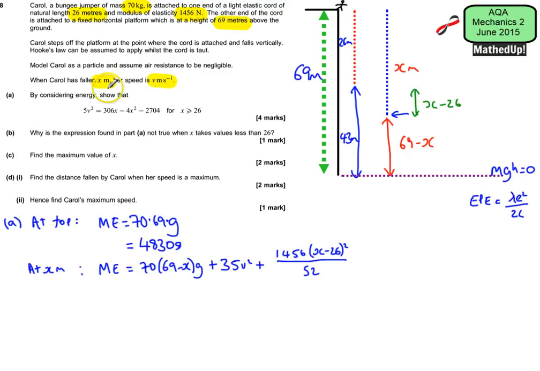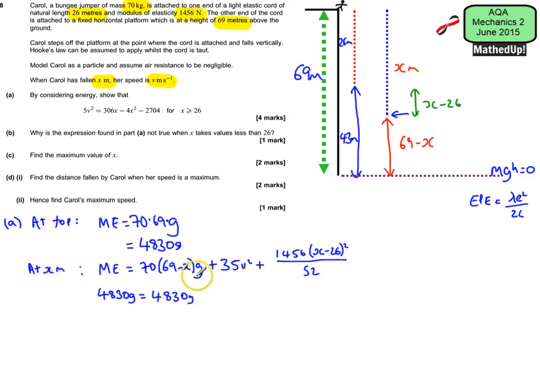So there's not been any energy loss here because we're assuming that there's no air resistance. So this must be equal to what we had over here, which is 4,830 G. So I can say that 4,830 G is going to be equal to 70 times 69 times G. So I'm just going to expand this out. 70 times 69 times G is going to be 4,830 G again.